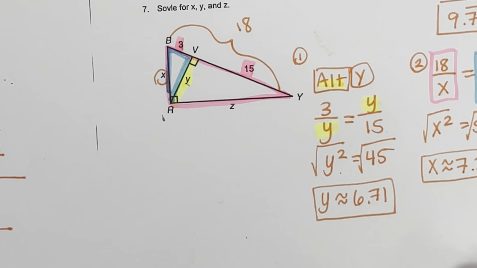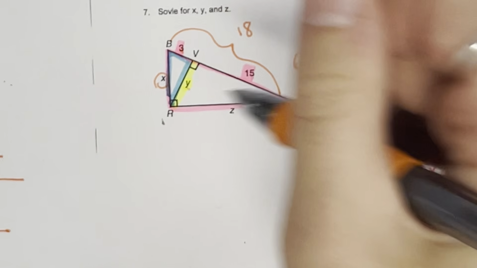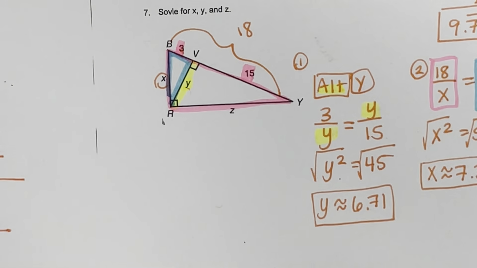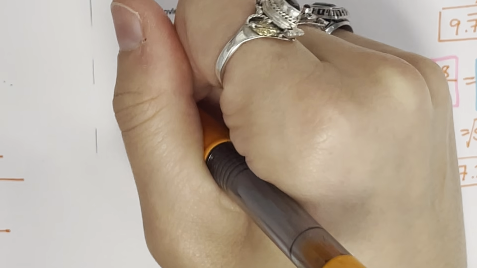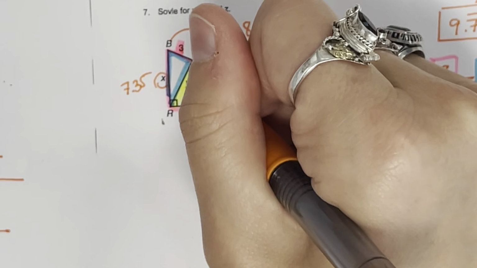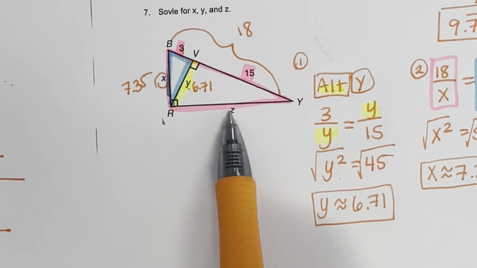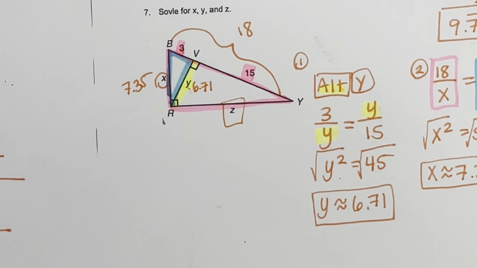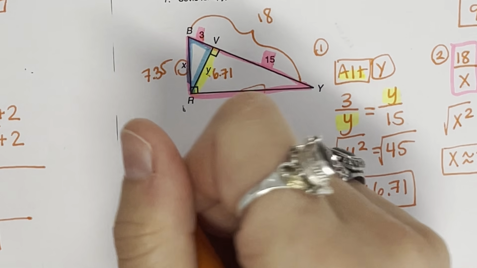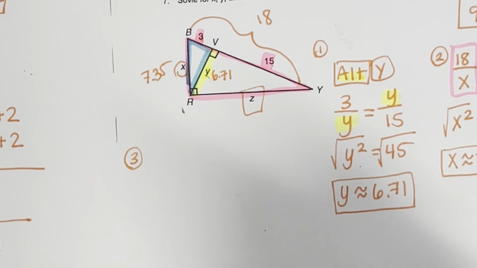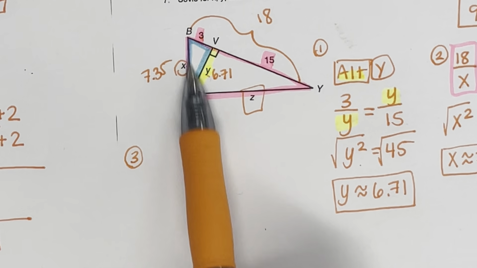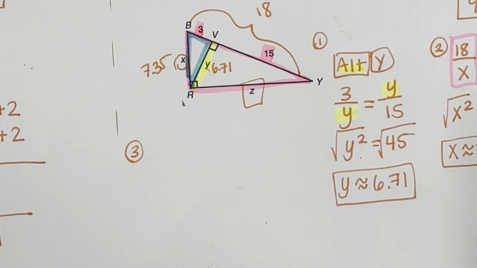Okay, I can actually put that in the picture if I want, 7.35. This one's 6.71. The last one I'm going to solve for is this z value over here. Again, I'm going to do hypotenuse leg. So I'm going to go again with my big pink triangle because that one's already given to me.